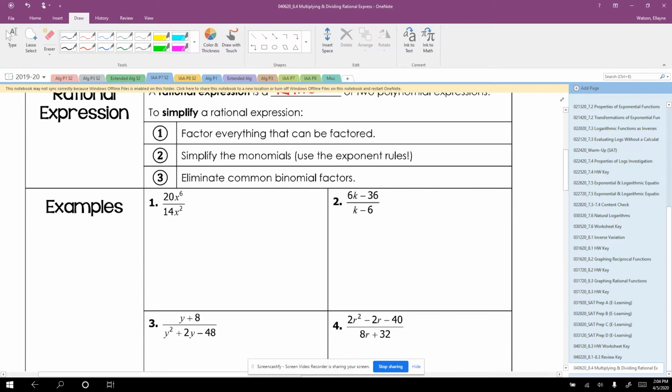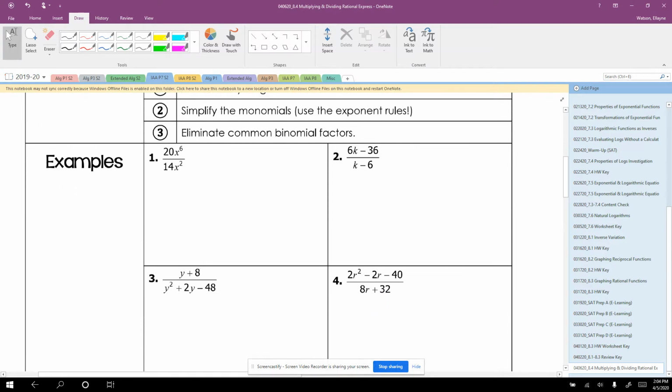Now before we actually get started, the one thing that's not included on these printed out notes that I do want you to know about is restrictions. So I'm going to write it over here on the left side. Restrictions are any value that makes the denominator equal 0.